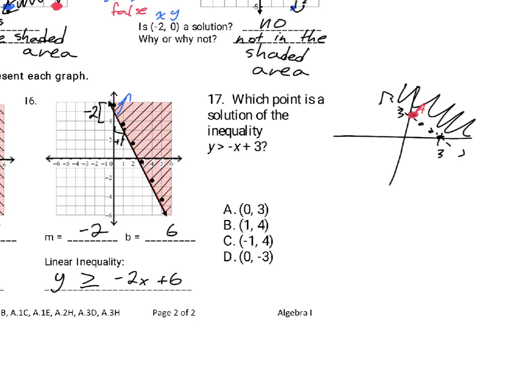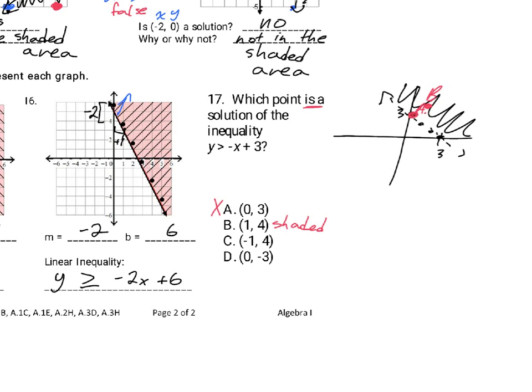Well, we want to know which one is a solution. So 0, 3 is on a dashed line, so that one's out. The next one, 1, 4. That will be right about here. There's B. Okay, that's in the shaded area. So I'm going to hold on to that one.